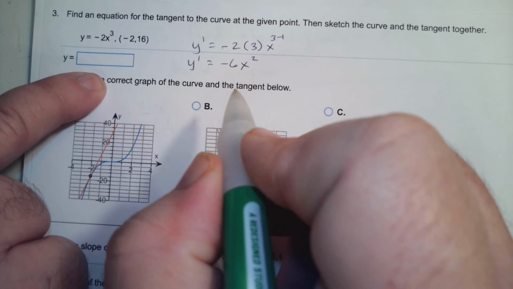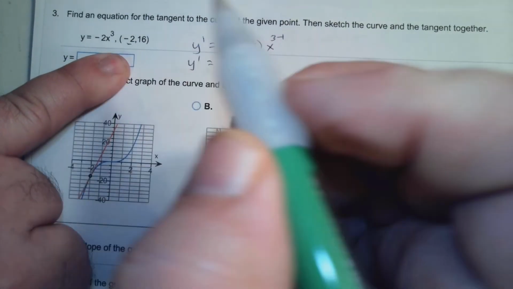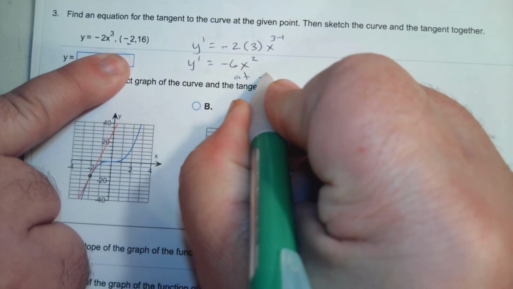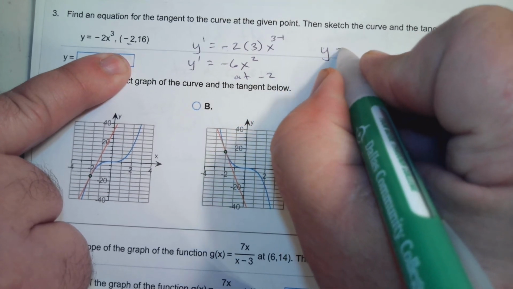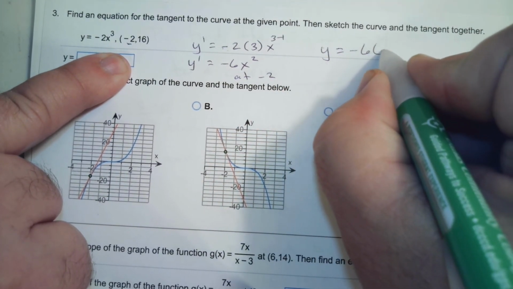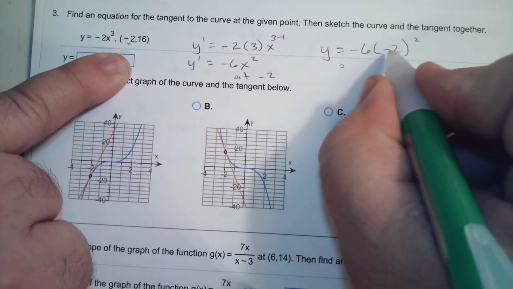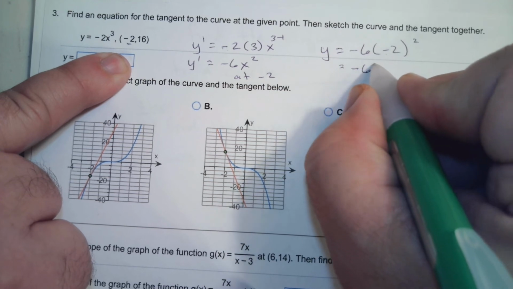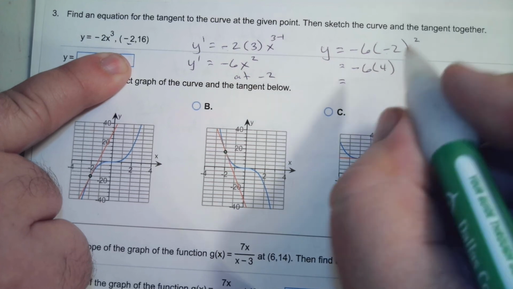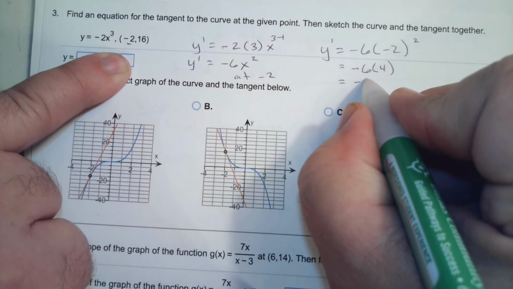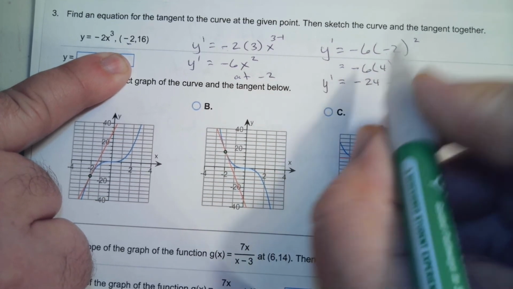There's my equation of the slope of the line. Now, I'm looking at the point at x equals -2. So y equals -6 times -2 squared. -2 squared is 4. 4 times -6 is -24. So that's my slope.